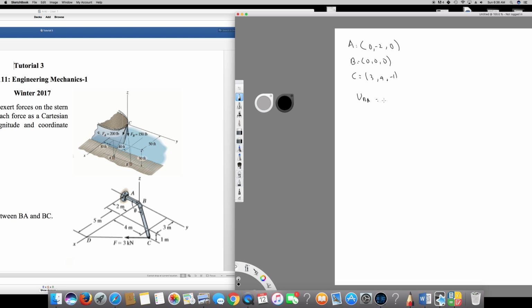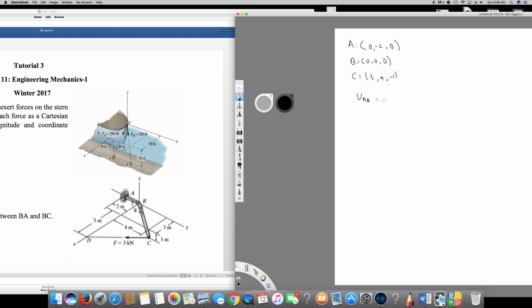Since this one BA means A minus B, it's minus 2j, right? And this is divided by the square root of 26. Therefore now to find the angle, let's say theta is going to be equal to cos inverse of the dot product of UBA and UBC, because that's going to give me the angle between them.